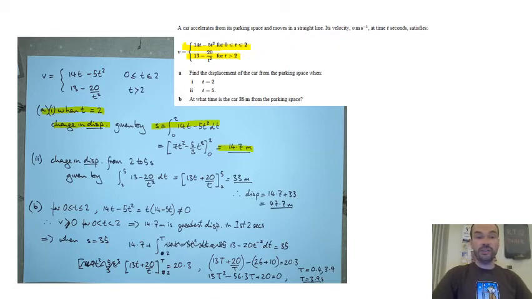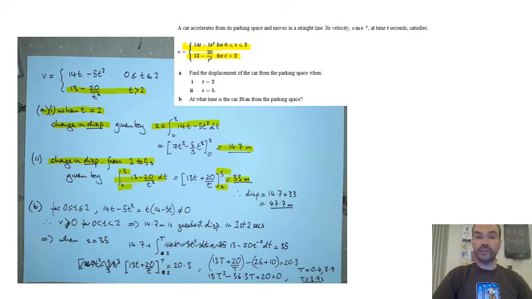The change in displacement from 2 to 5 seconds, because remember the rule that's defining velocity changes after 2 seconds, is given by this, with limits of 5 and 2 this time, not 0. That's 33.